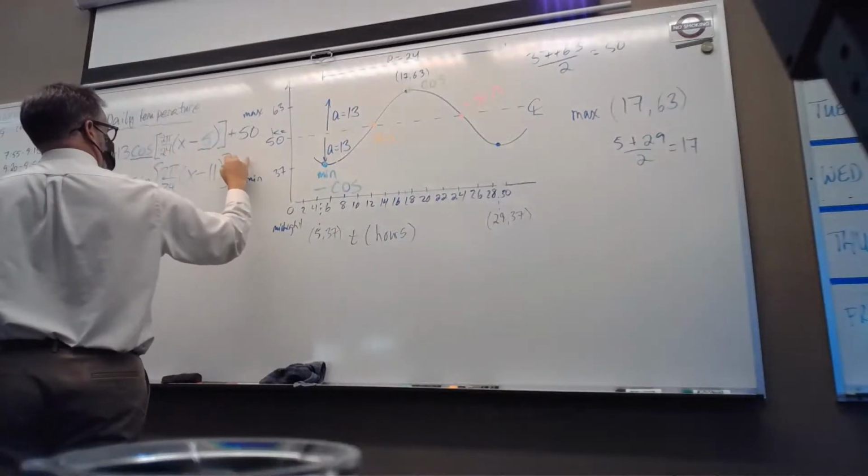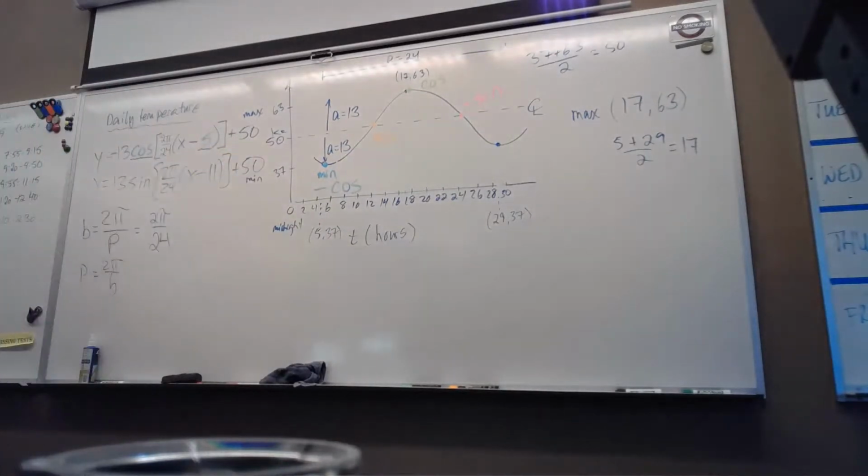That would be a perfectly acceptable answer too. But remember that if you change it between sine and cosine, you have to change your phase shift, and you have to decide whether it's negative or positive depending on which direction it's going.